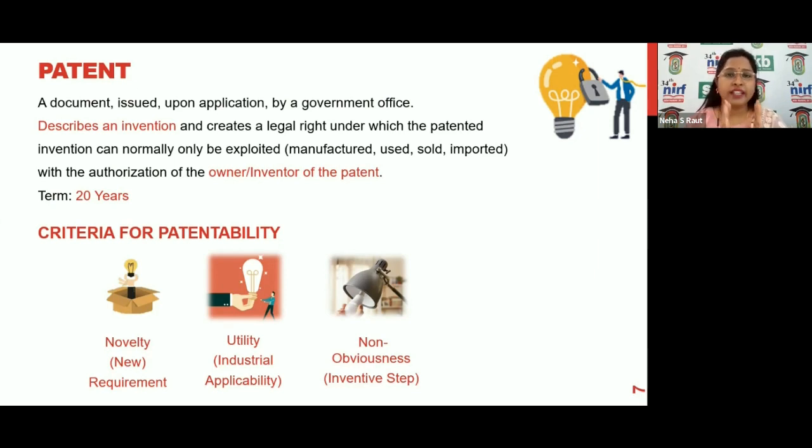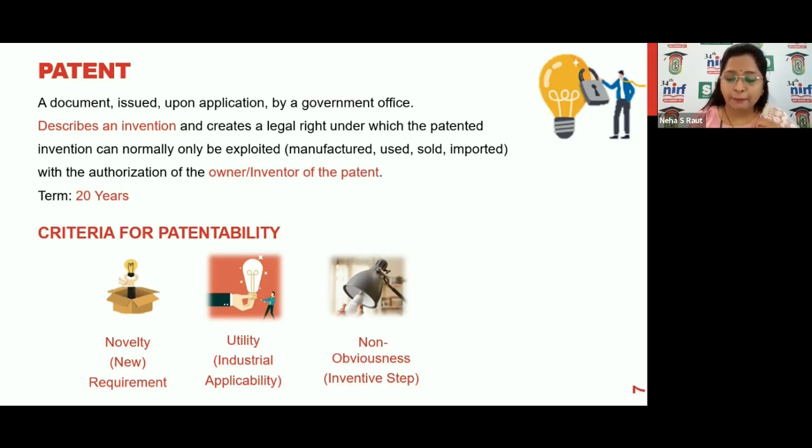Okay, so that is called technical advancement as well as economic significance. So right now here your invention or your product is novel, it has industrial applicability, and it has an inventive step. So if all these criteria are qualified, then only your research, your invention, goes to the patent being granted.